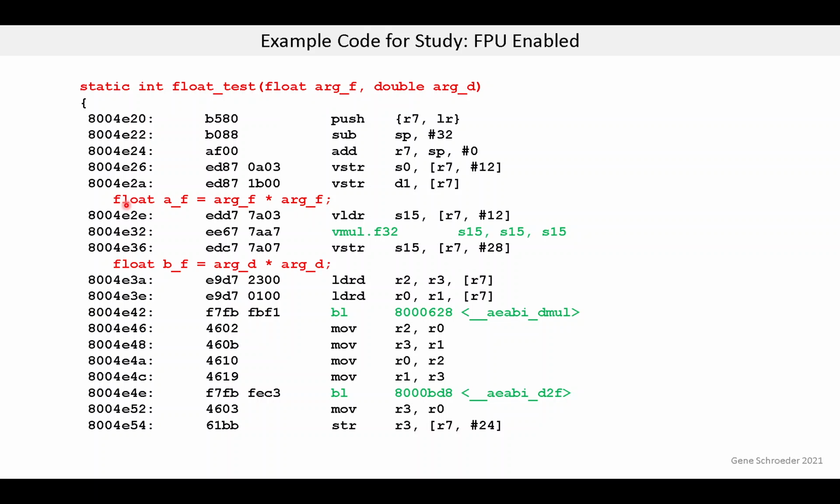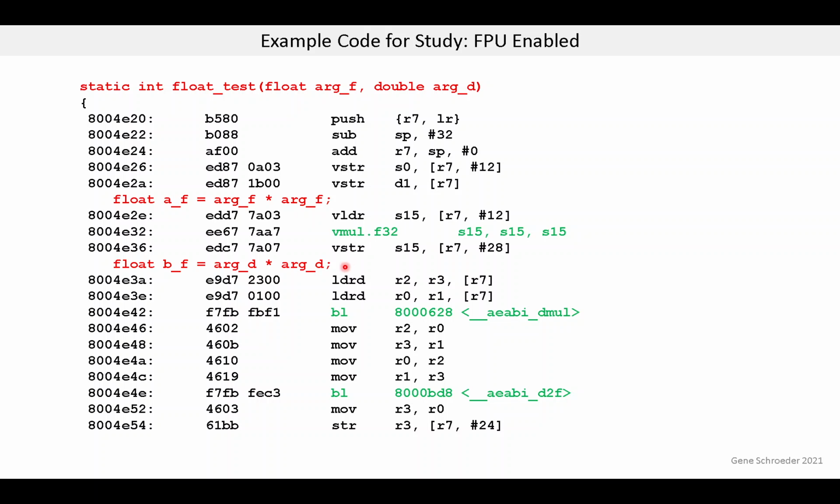And this is also a float, of course. So we have an FPU that handles floats, single precision. And so this boils down to a single instruction. You could sort of read this. The V, I'm not sure what that means, but this is a multiply. F32 is a single precision float.